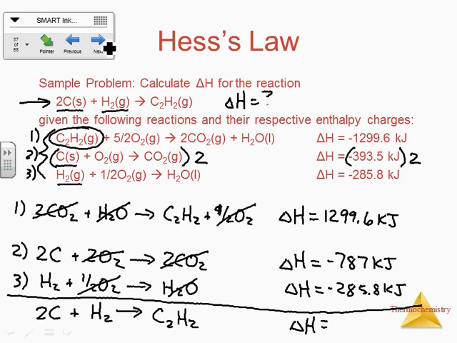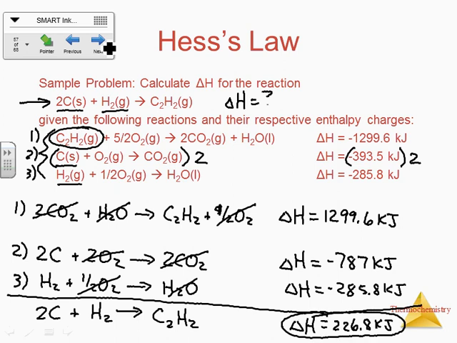Sorry. You probably already figured this out already. Getting 226.8 kilojoules. So this ends up being a positive delta H, which we could think about at the end.